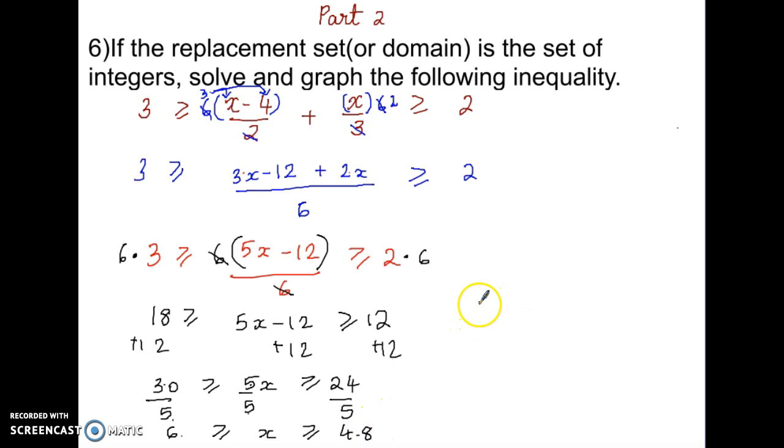Our solution is, you have 4.8 over here, and you have 6 after that. So x is less than or equal to 6, and if I start reading from x is greater than or equal to 4.8, it includes both the numbers, so I'm going to shade the circles in for both, and it's greater than 4.8 and less than 6. So that's the solution set or the graph for this inequality.